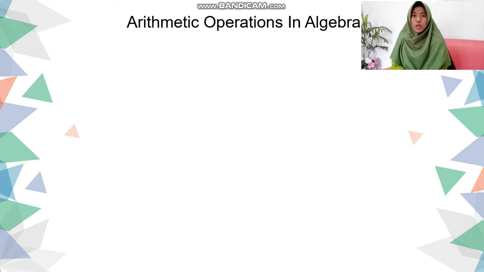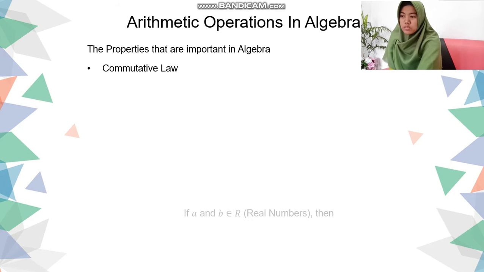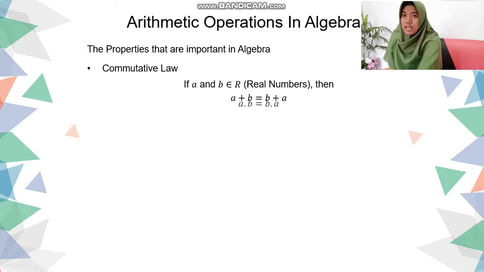Before that, we have to know about the properties that are very important and are often used in algebra. The first property is commutative law. If A and B are the elements of real numbers, then A plus B equals B plus A. A times B equals B times A. Second, associative law.